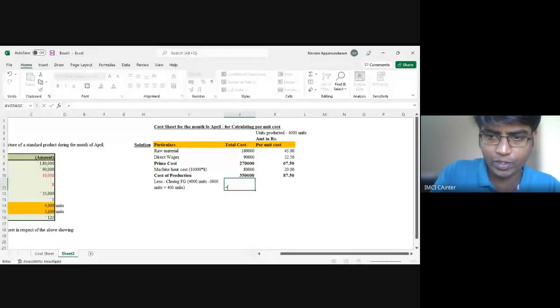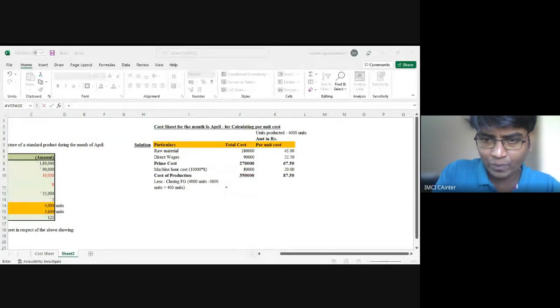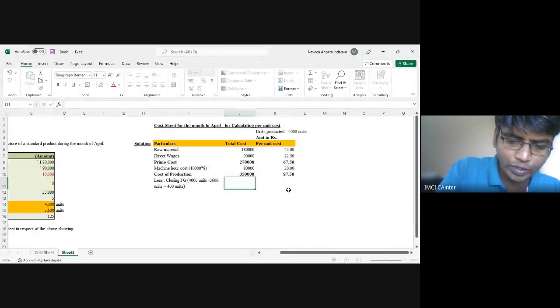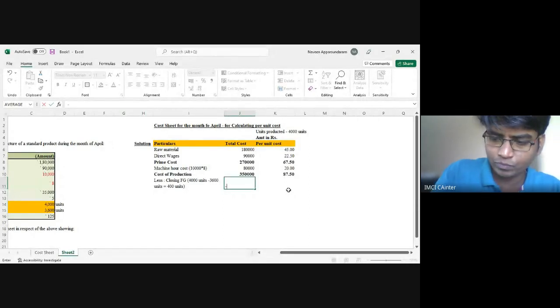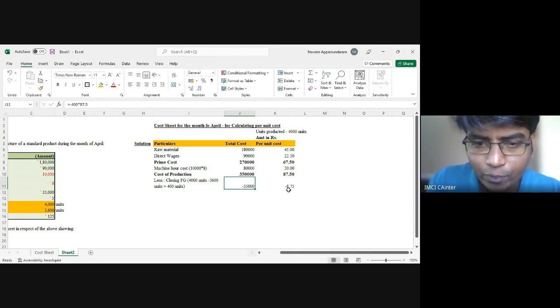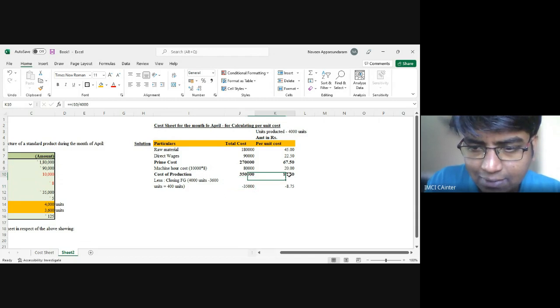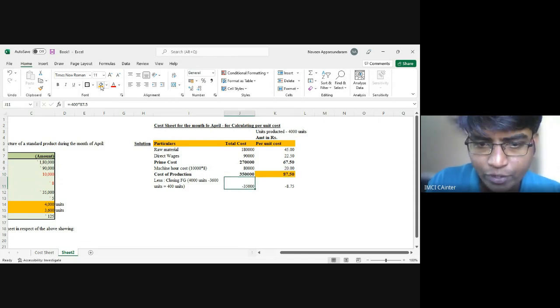So I have to reduce it. 400 units into 87.50. Where have I taken 87.50 from? This is the cost I'm taking as my calculation for the purpose of finished goods. Until the cost of production, the cost has to be arrived at if there is no particular cost given.